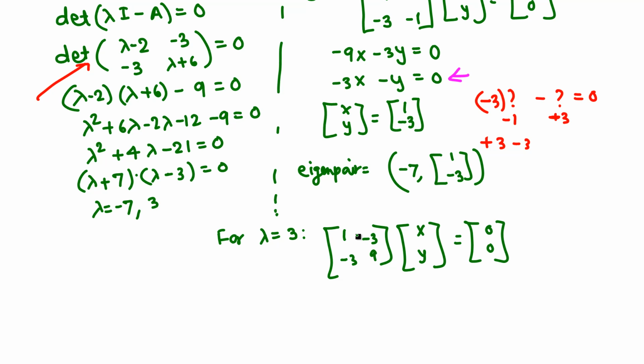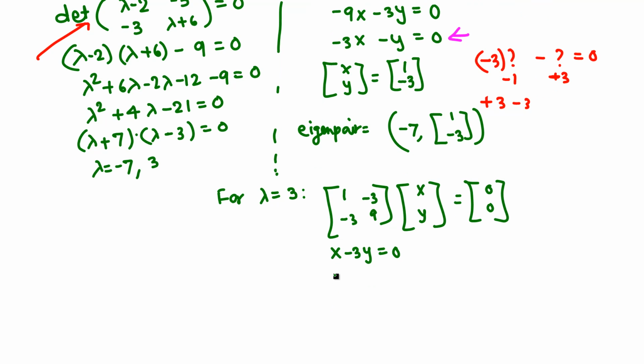Now let's multiply this row times column. That's 1x minus 3y equals 0. This row times column is negative 3x plus 9y equals 0. As usual, these two equations should be dependent.